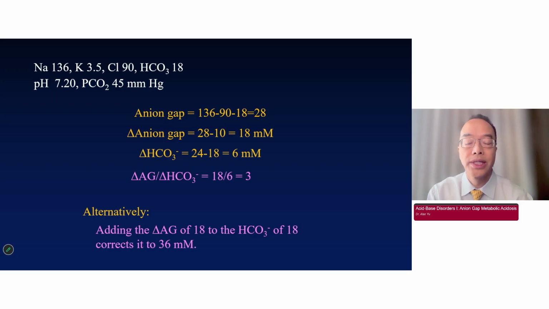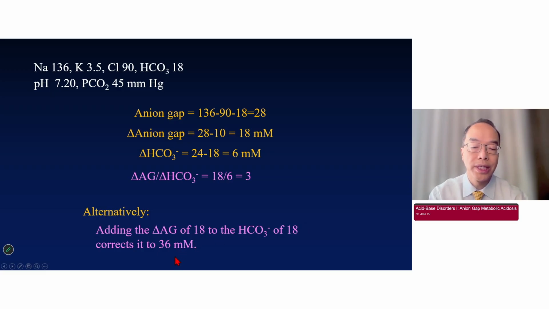Some of you, instead of the delta-delta, may have grown up calculating this a different way, which also works, which is instead of calculating the delta-delta, they calculate just the delta anion gap, which is 18 in this case, and add it to the actual bicarbonate. So in this case, the actual bicarbonate is also 18. So you add it there and you get 36.